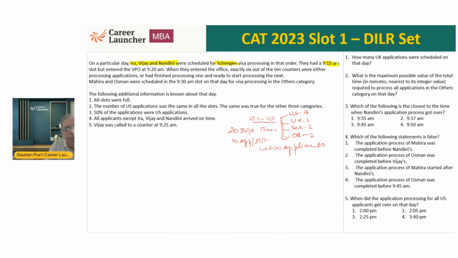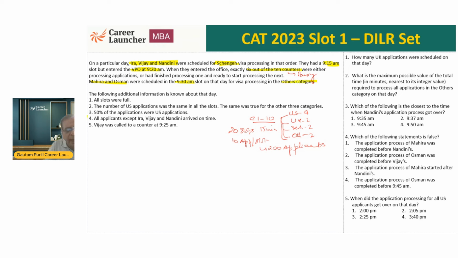Instead of 9:15, their appointed time, they came at 9:20 a.m. And when they entered the office, 6 out of 10 counters were busy. Or the other way is 4 were jobless, did not have any work. Then it says Mahida and Usman were scheduled at the 9:30 a.m. slot on that day for visa processing in the others category.